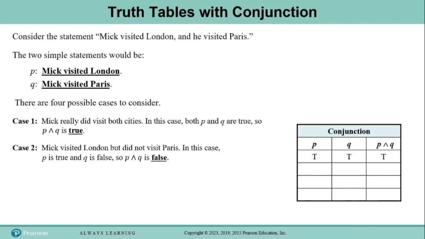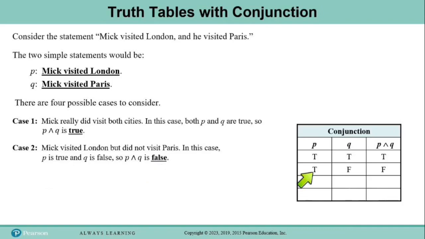Case 2 would be if Mick visited London but he did not visit Paris. If he did visit London but he did not visit Paris, then statement P would be true, but statement Q would actually be false. And if that's the case, then the statement P and Q is also false.